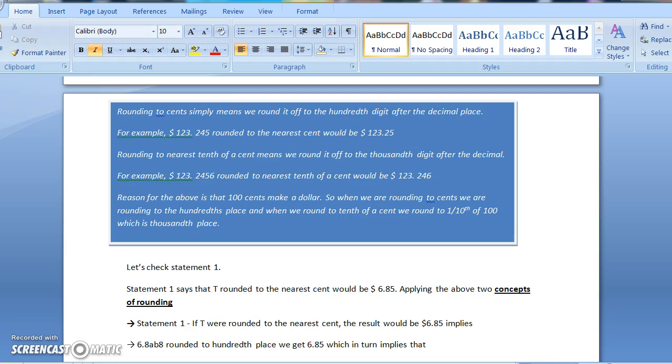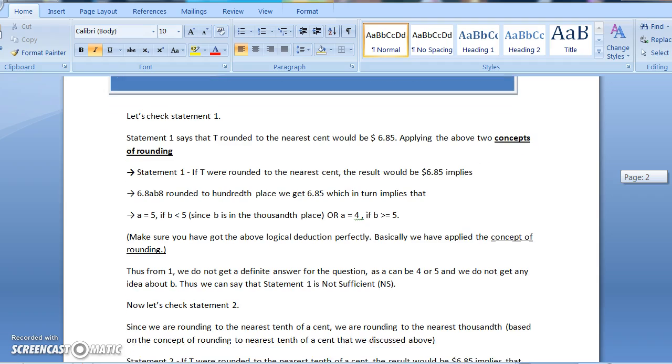So we round the 1000th digit up by 1 and make the 5 a 6. And what is the reason for this? The reason is that 100 cents make $1. So when we are rounding to cents, we are rounding to the hundredths place, and when we round to the tenth of a cent, we round to 1/10 of that, which is the 1000th place. Great. With these two concepts, we are now ready to tackle this problem.